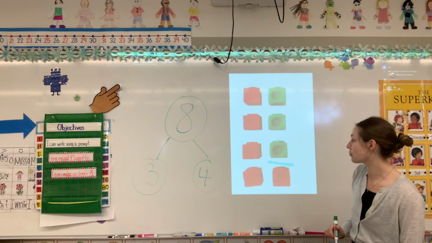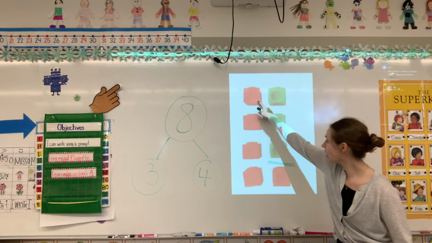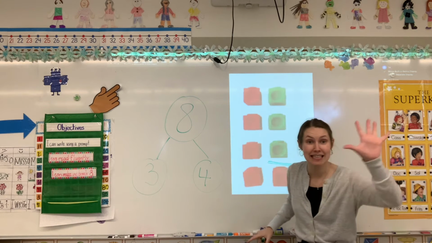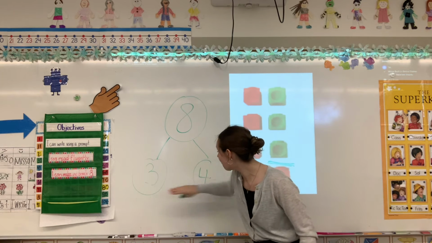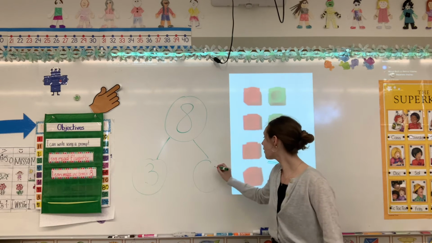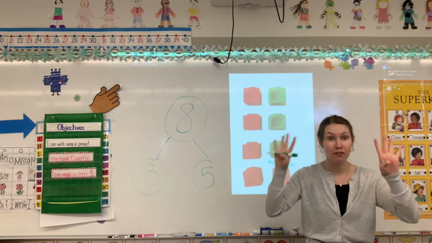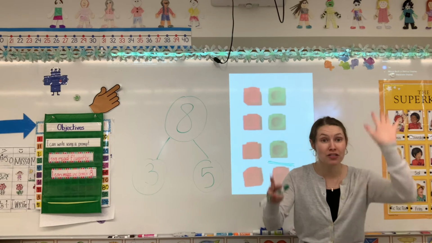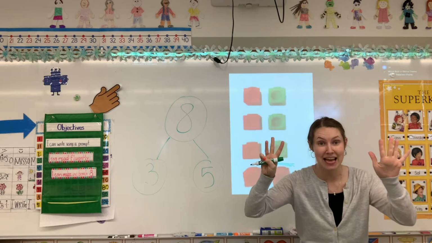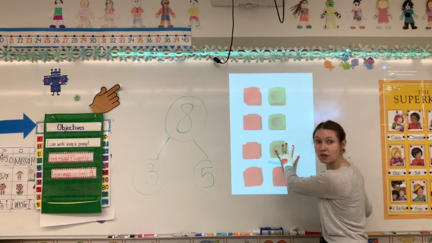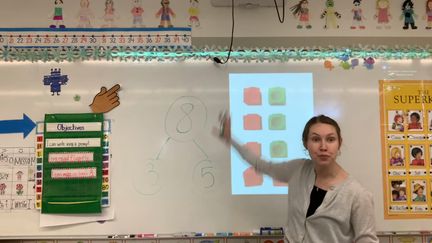How many red cubes do I have? 4 and 1, which makes 5. I have 5 red cubes. So in this picture here, we're showing that 4 and 4 make 8, but also that 5 and 3 make 8. So we already can create 2 different number bonds looking at this group of cubes here.